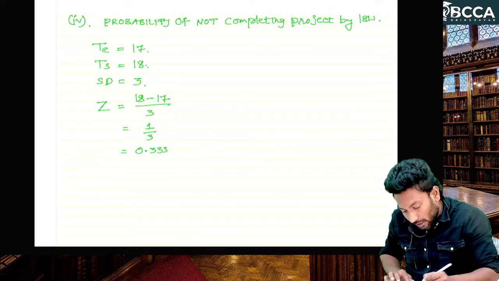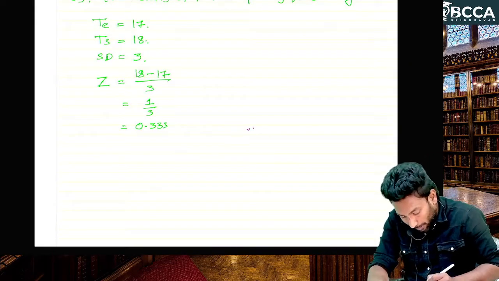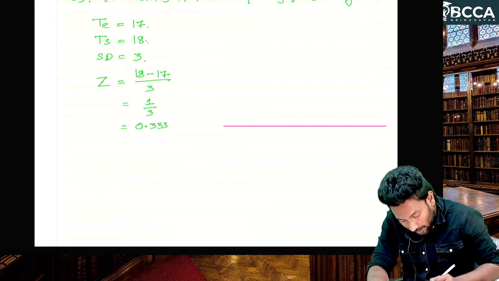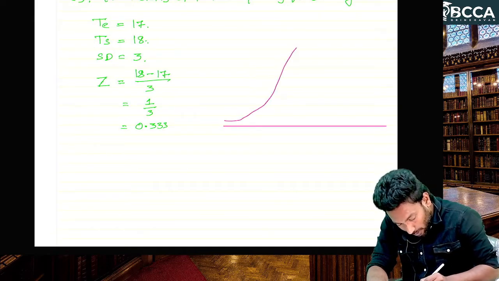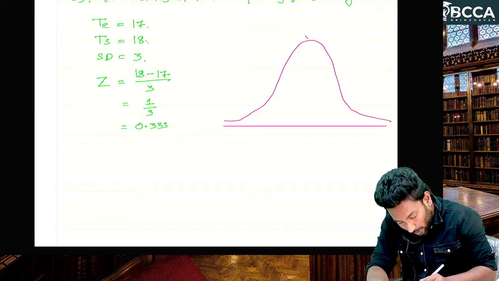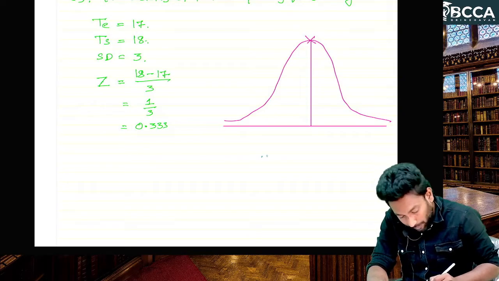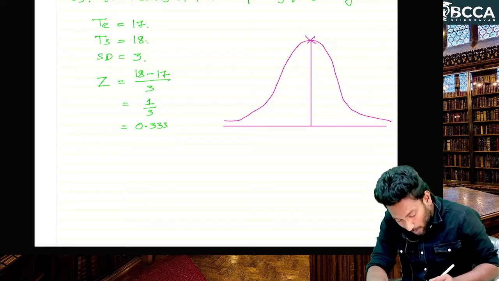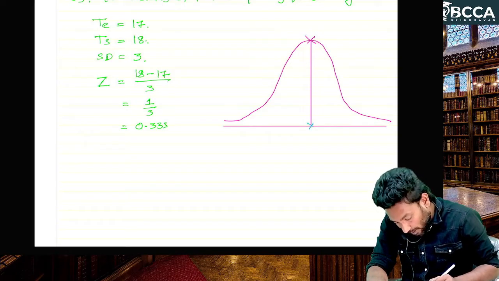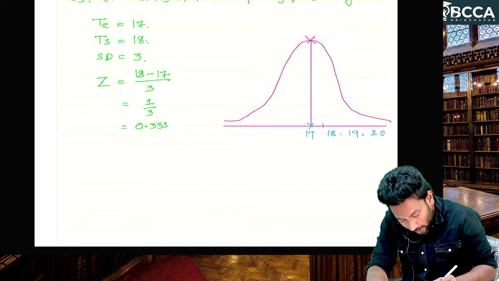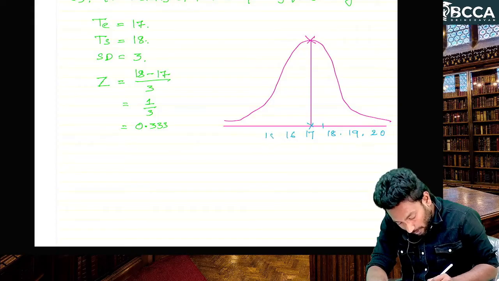Now again let us draw the diagram. Again, this is the horizontal x-axis. This is a standard normal curve, and at this peak point on the horizontal axis we will have the expected time. What is our expected time? 17. Then 18, 19, 20, and 16, 15, 14, 13.